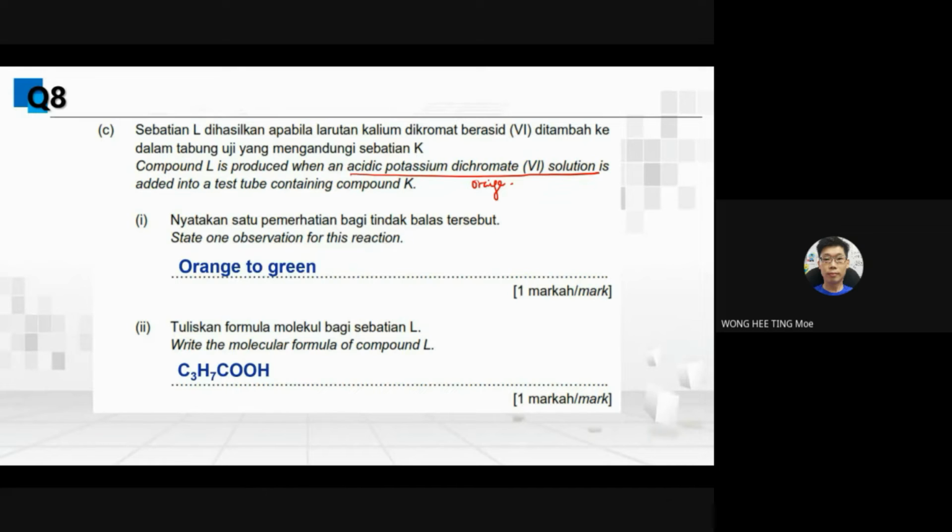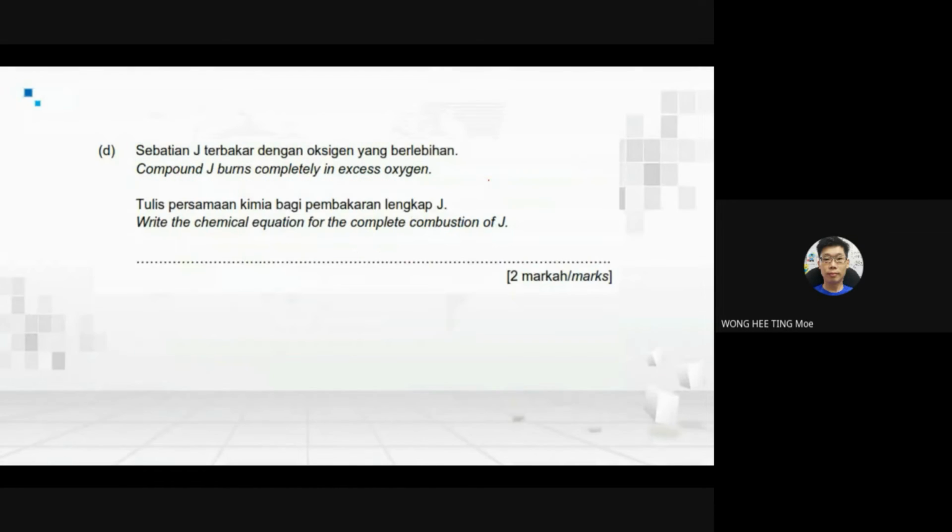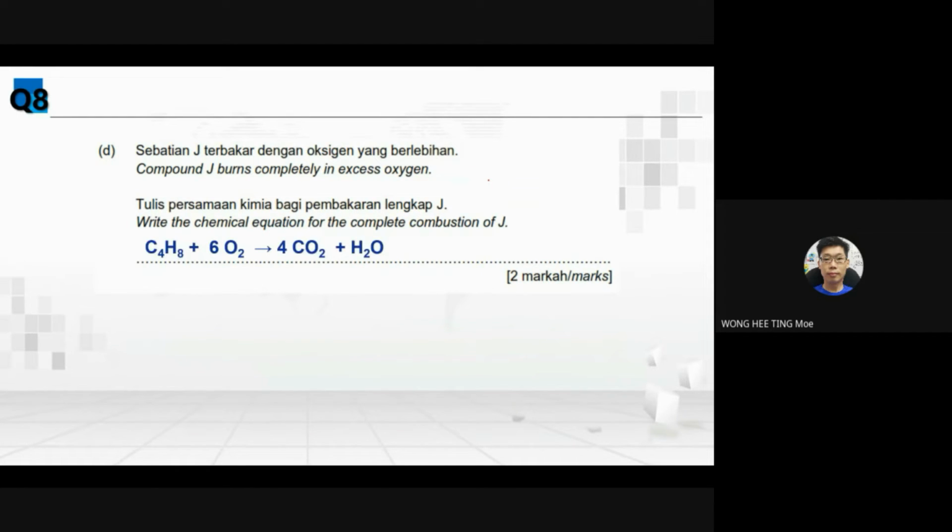Butanoic acid, CH3COOH, for carbon. Okay, now compound J burns completely in excess oxygen. So write the chemical equation for the complete combustion of J. It will be butene, oxygen, carbon dioxide, and water.